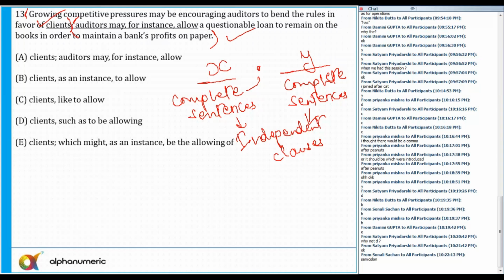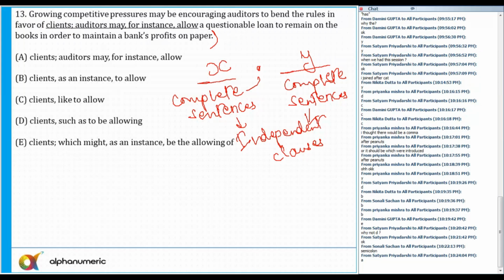Both of them can stand alone, they are complete. Then the question is, why do we use a semicolon? We use the semicolon when we want to say something but in two different ways. So X and Y will say the same thing in two different ways, and they would both be complete sentences, independent clauses.